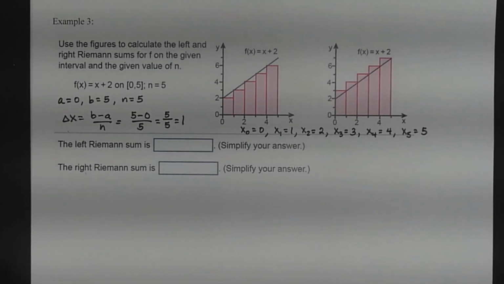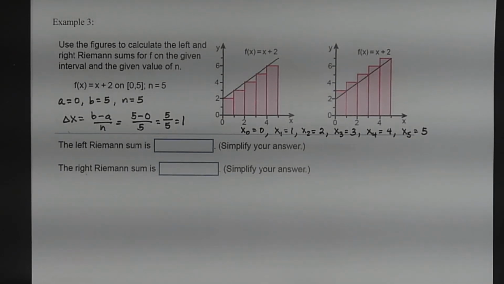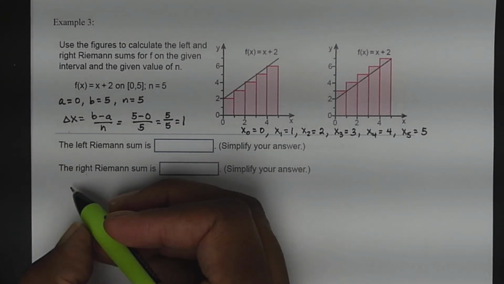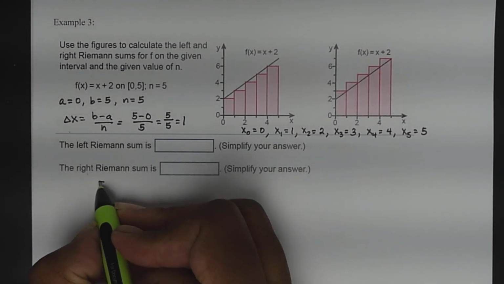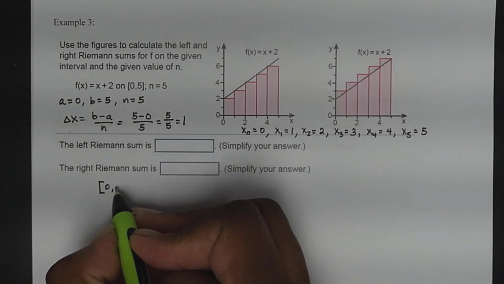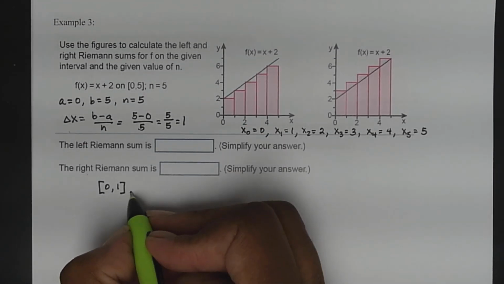And now we need to find out what our left Riemann sum and right Riemann sum are going to be. Now, what I'm going to do here is write this into 5 sub-intervals. Since my left endpoint is 0, the first sub-interval will be from 0 to 1.